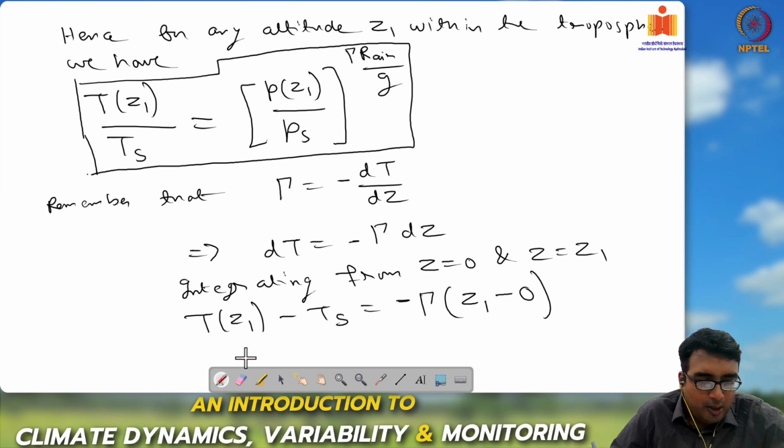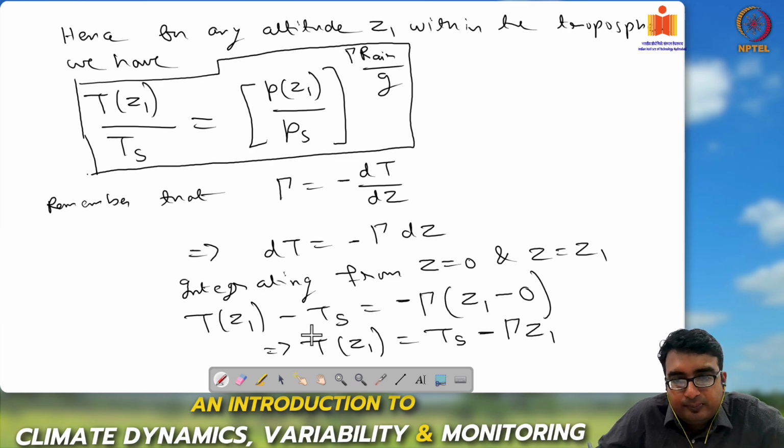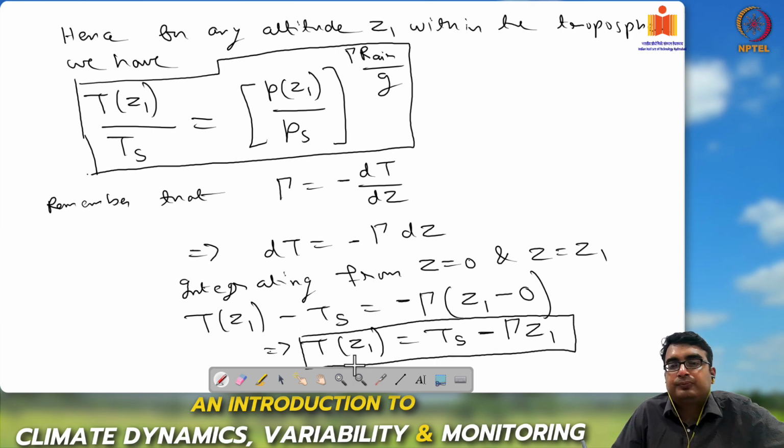All right, which implies temperature at z1 equals temperature at the sea level minus gamma into z1. This expression here. Okay. So we have these expressions.